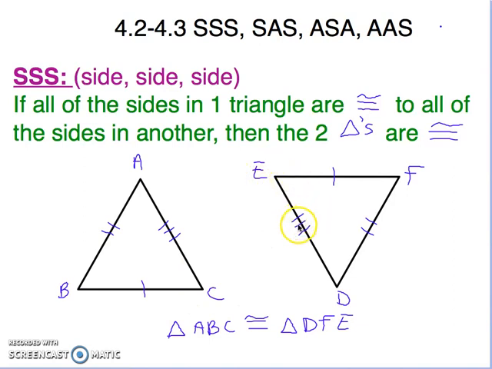If you are given 3 sides and you know all 3 of those sides are congruent to the other ones, the whole entire triangles are congruent.